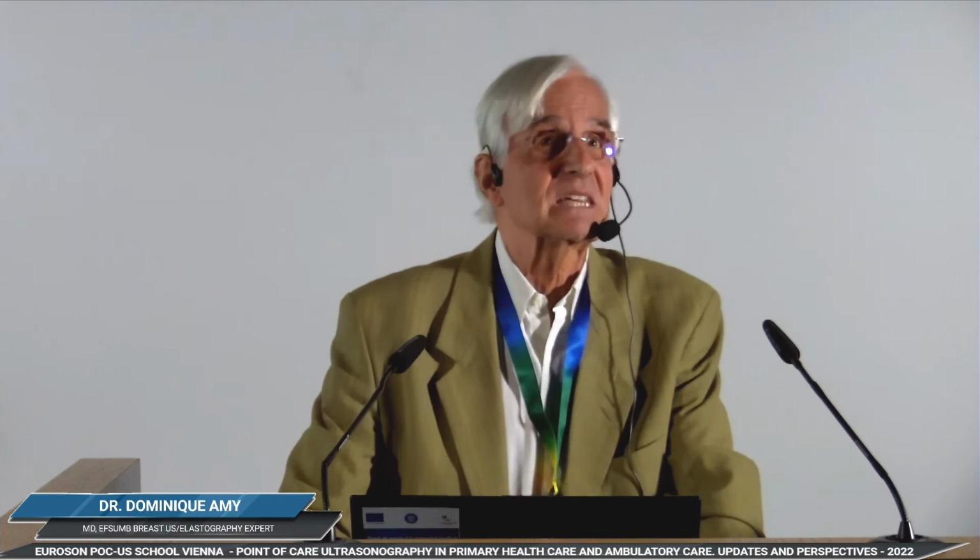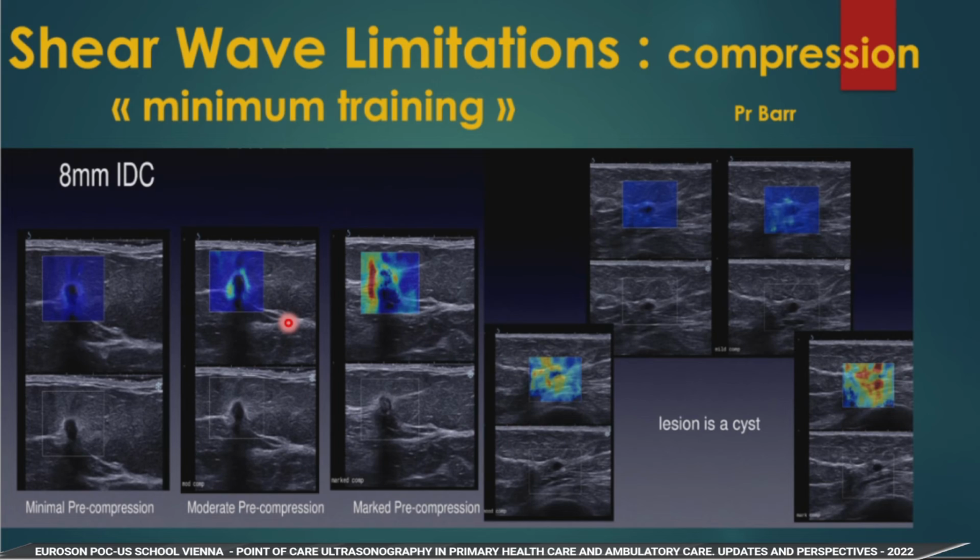Of course, like every technique, we have some limitations, and sometimes if you press too much, you can assert that a cyst becomes carcinoma mimicking, or reverse, you have some benign appearance for small carcinoma, but it's just a training, and you know sometimes you have to make pre-compressive analysis, but all the cases proposed by Professor Barr in America were obtained from big fatty breast, a lot of fatty tissue, poor epithelial structure, and so the fatty tissue in echography is water equivalent, and so it's easy to have some modification.